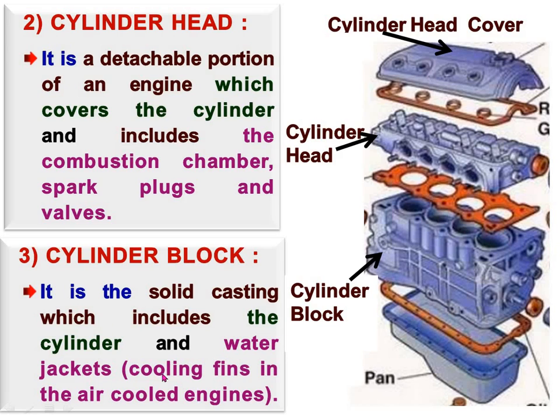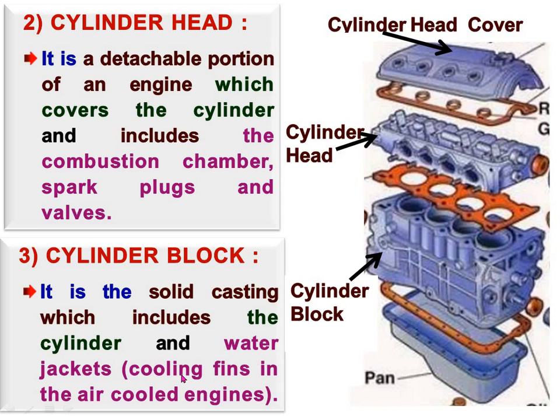And water jackets: inside the porous space there may be an element for circulating water around the cylinder to absorb the excess heat that has been generated during the burning of the fuel. So water jackets are also there in the engine block.